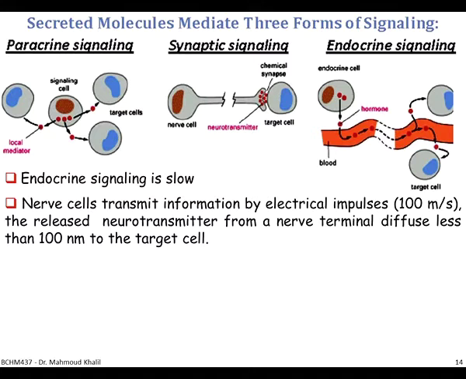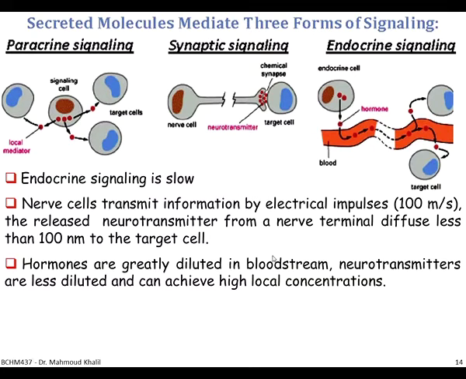Once it reaches the end of the neuron, this electrical impulse, as we said, is changed to a chemical molecule represented by a neurotransmitter from the nerve terminal end that diffuses through a space of around 100 nanometers in size to the target cell.